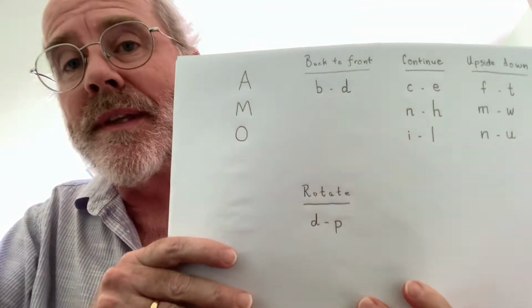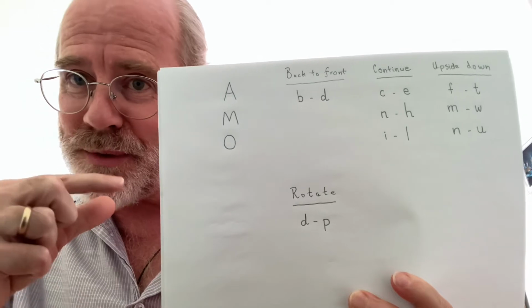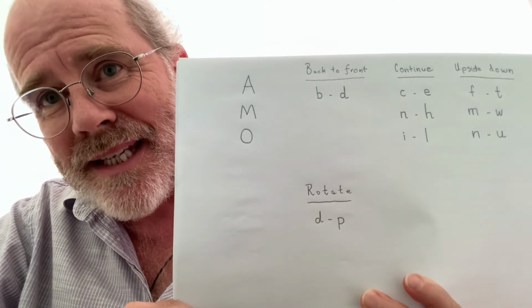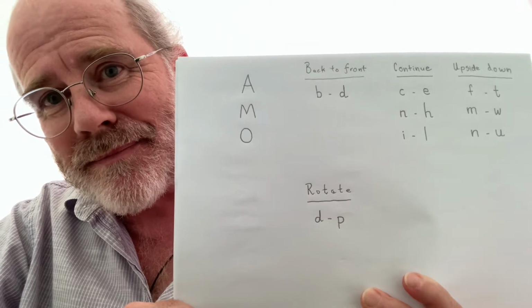We could look at the example of P, but that's more of an example if you rotate the letter rather than turning it upside down. You will see that D is the same as P. You just have to turn it around 180 degrees.